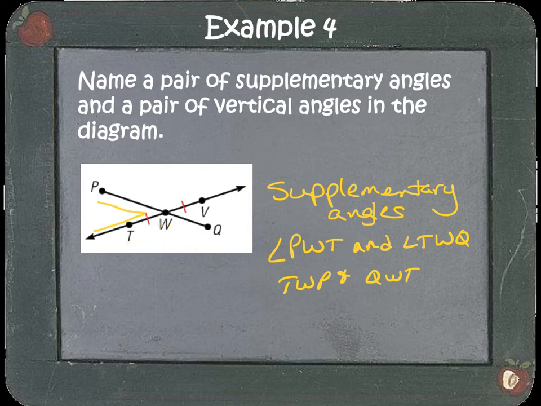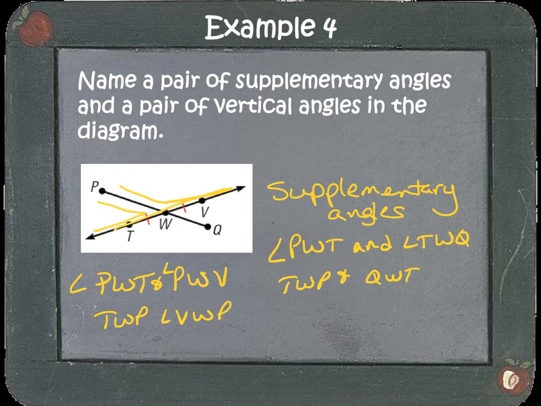Then you could also go this way with the P, with this same beginning, the PWT. You can also say together with PWV. These are also supplements, and put the little angle symbol in front. Or you could also reverse the letters on these. So you could say TWP, and then you could call this one VWP. These are all supplements. Now we can go around. So you don't need to name all of these.